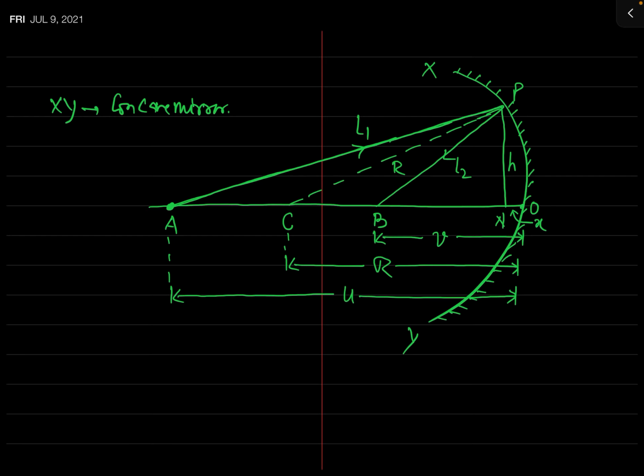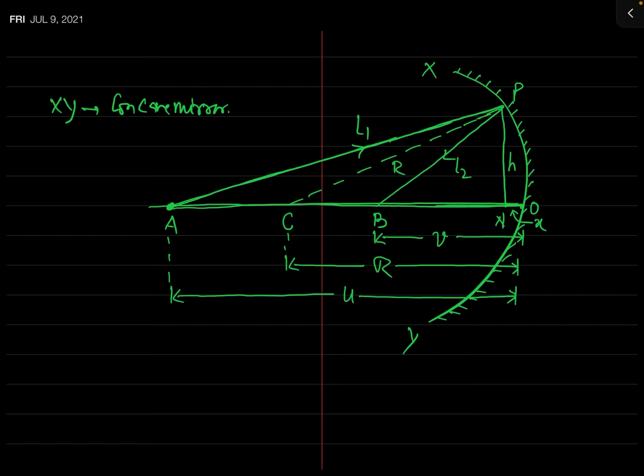This point P where the light ray is incident is very close to O, and you know that if the incident ray is very close to the principal axis of the optical element, then that incident ray is known as a paraxial ray. So this AP is the paraxial ray, because this AP is very close to AO, and this AO is actually the principal axis or optic axis of this mirror.